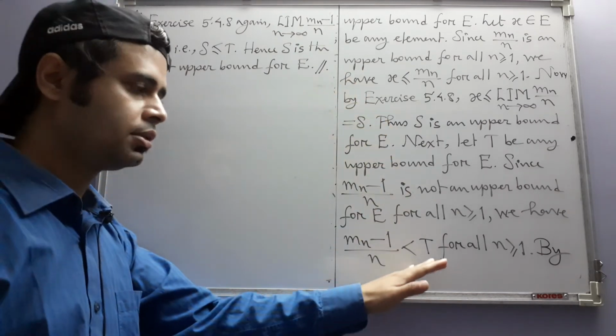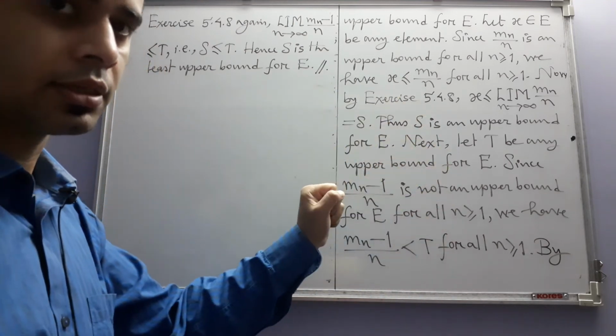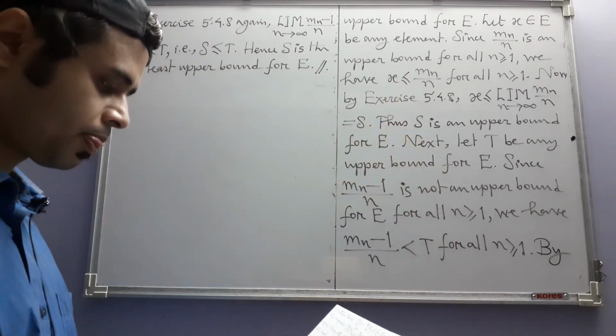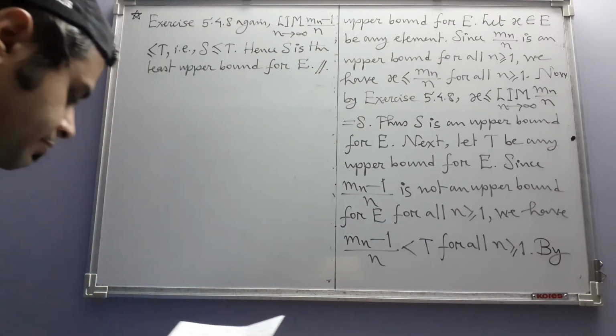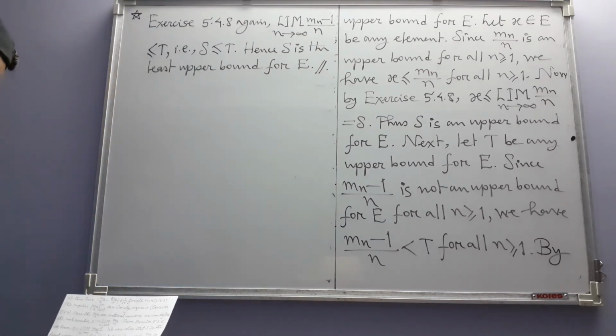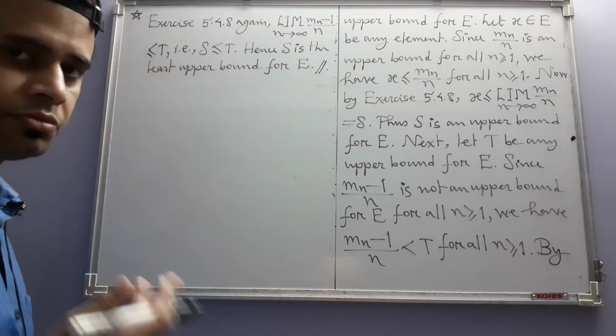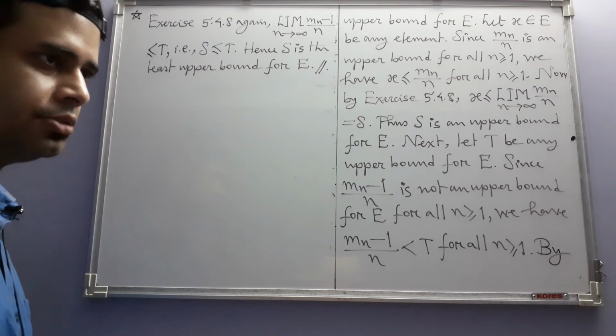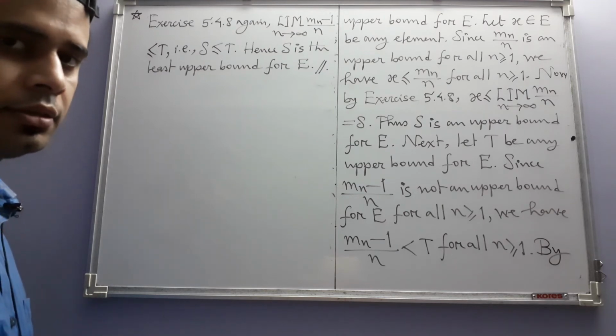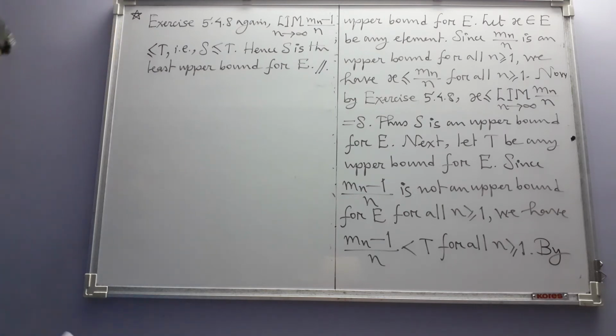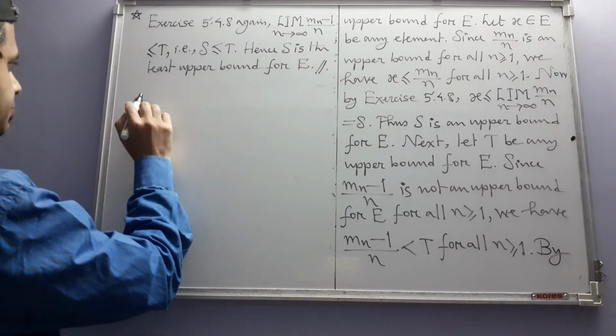We have to fill those gaps in the exercises. Now, having proved this thing, we are next going to define something which we will use again and again in real analysis, namely supremum.